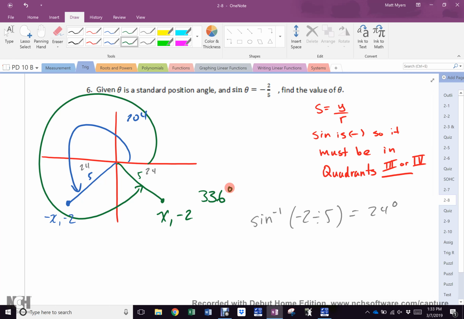Everybody with me? If you go straight to your calculator without knowing what's going on, you will not give me the right answer. Everybody cool? That is why that last page comes right into this page. Yes, Hazel. My calculator just puts that error if you do shift sine -2 divided by 5.